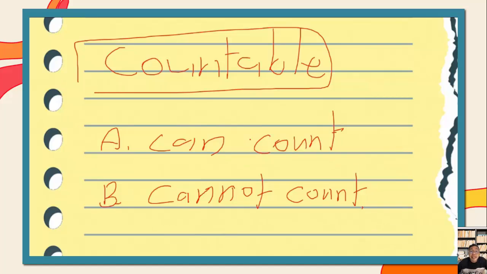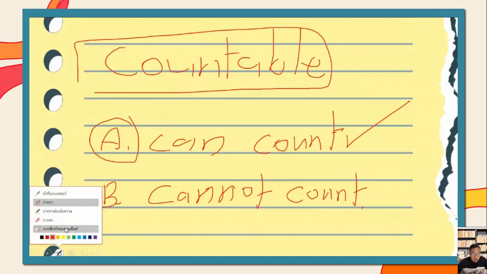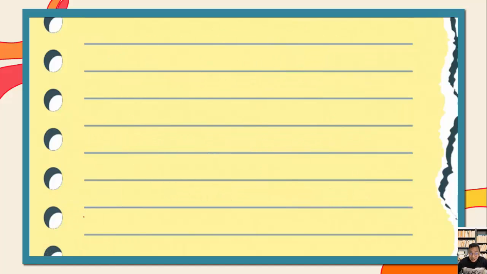Which one? A or B? A, correct. It's a noun that you can count. So in contrast, uncountable noun is a noun that you cannot count.